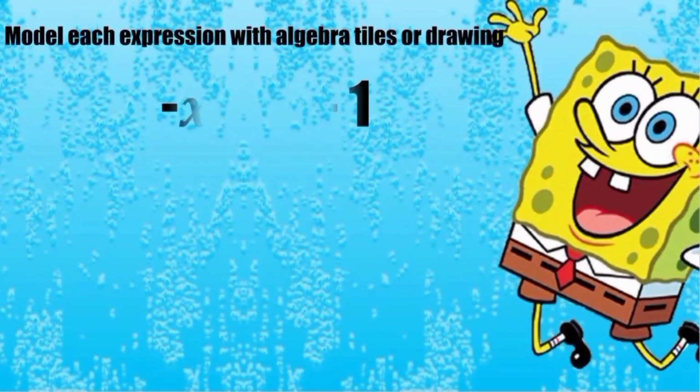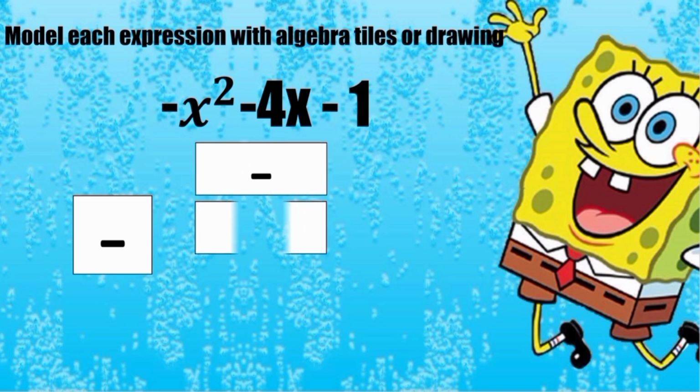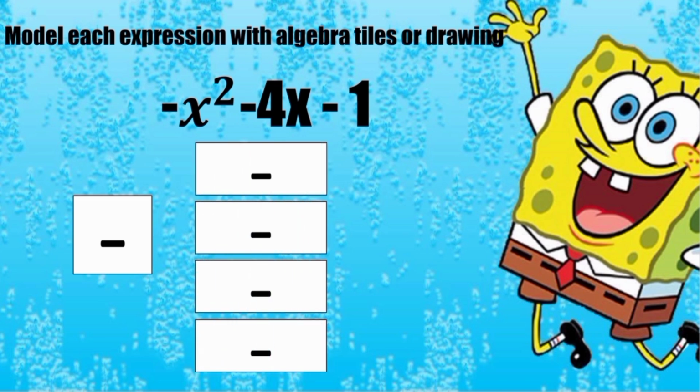Last example, negative x squared minus 4x minus 1. We have 1 piece of negative x squared, 4 pieces of negative x, and 1 piece of negative 1. Very good, students!